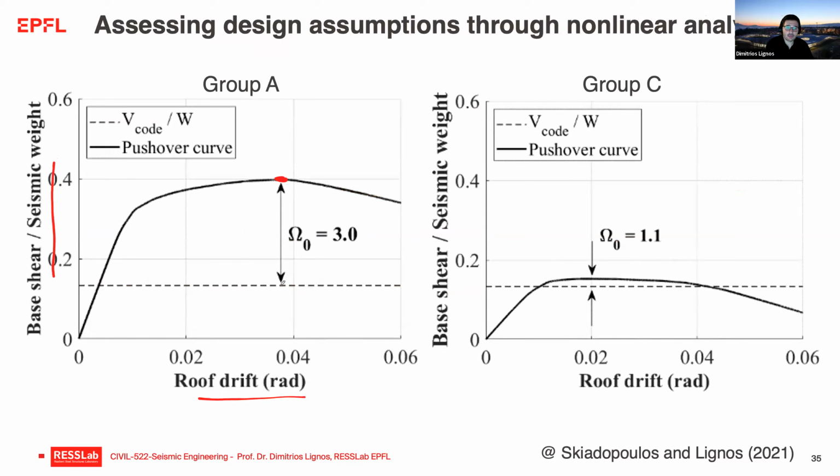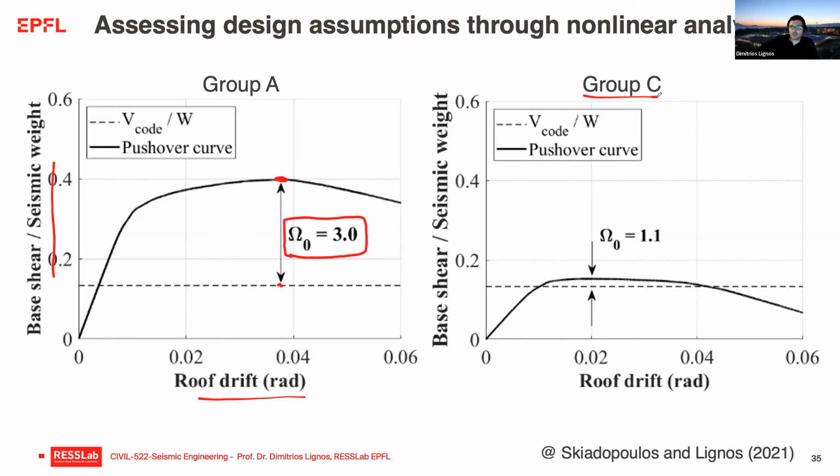And we can compute this limit relative to what we anticipate to be the elastic limit of these designs. For group A, which is what we do in the code, these additional requirements create a system overstrength that is equal to 3, which is quite detrimental, quite large, when it comes to seismic design.